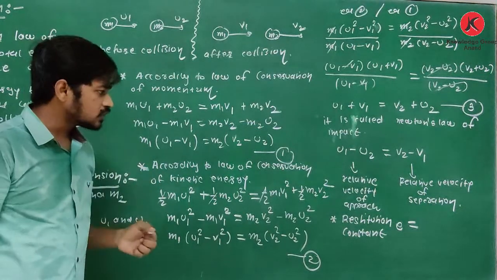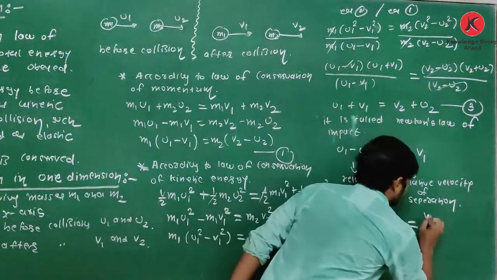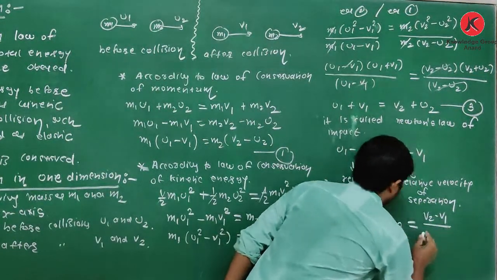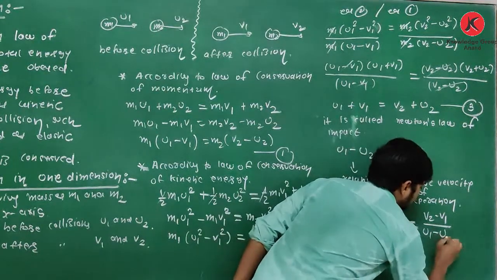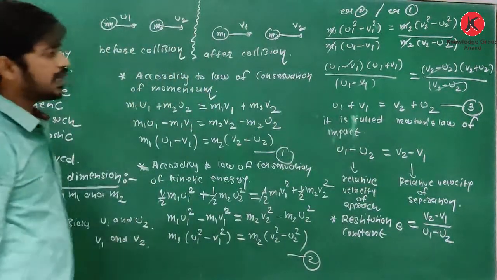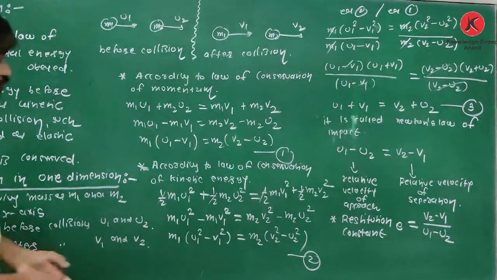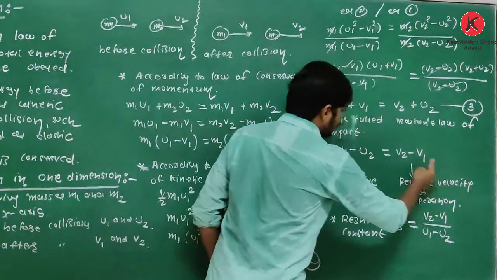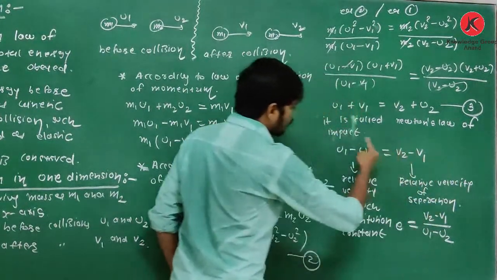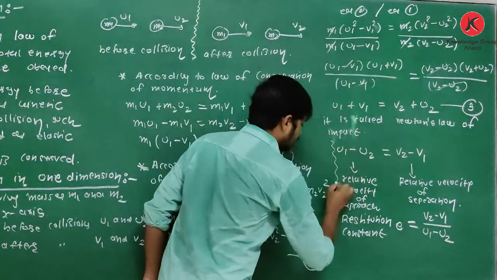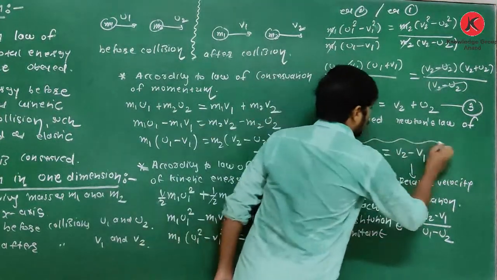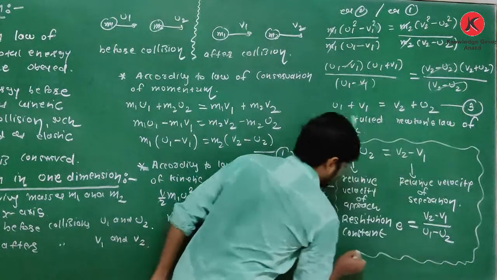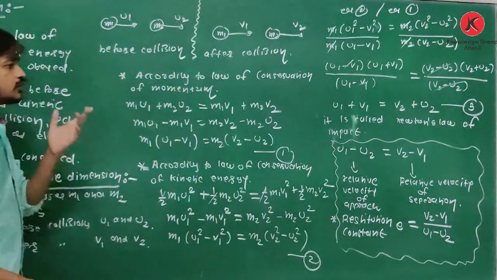What is the restitution constant? e is equal to v2 minus v1 upon u1 minus u2. Clear about this? So this extra point you have to remember. Now again back to our original question.